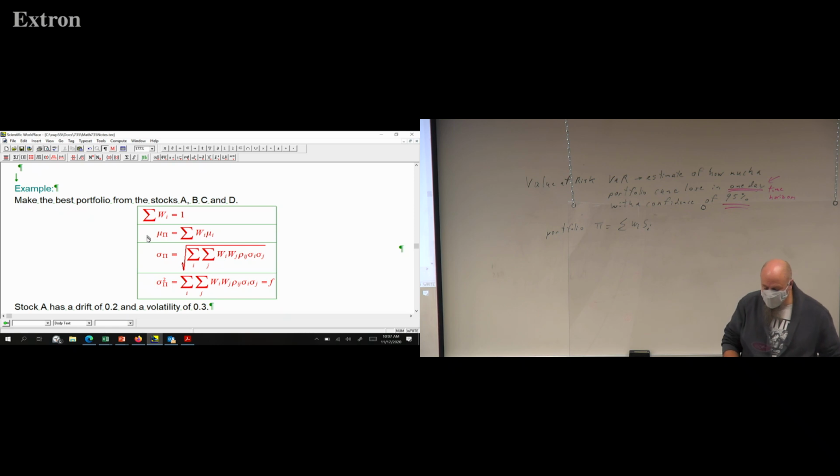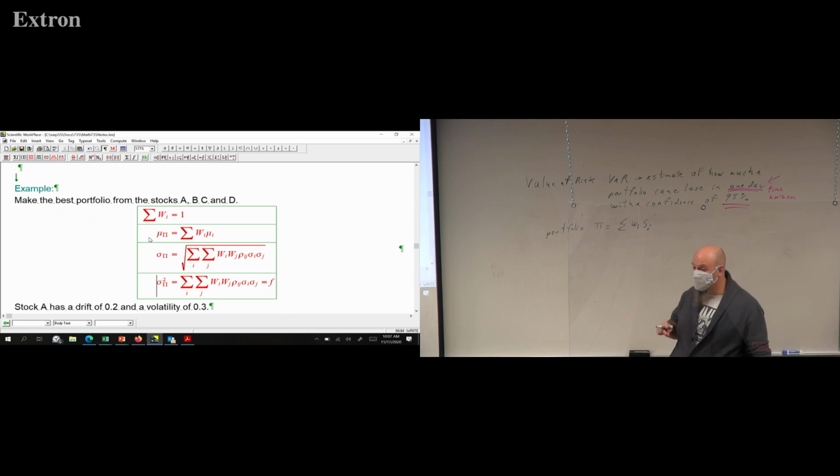I can get the drift of the portfolio as a weighted combination of the drifts of the stocks that I have. Those weights are the amount of money I have invested in each stock.